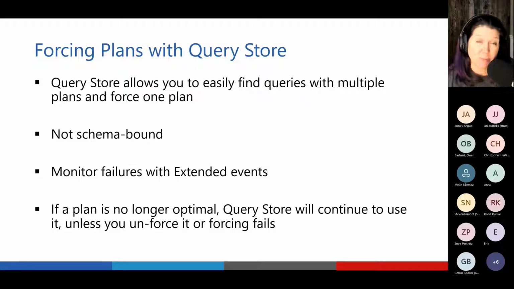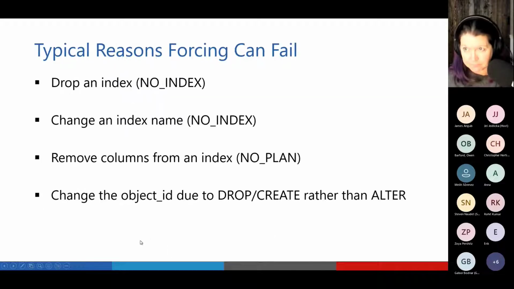The data changes probably far more frequently than your code changes. So you need to think of forcing as a temporary option and as something that you need to monitor and pay attention to, because what plan is best today may not be the best plan in a month or 3 months or 6 months. And if you think that you can just force it and then not worry about it anymore, I don't think that that's a good approach long term.